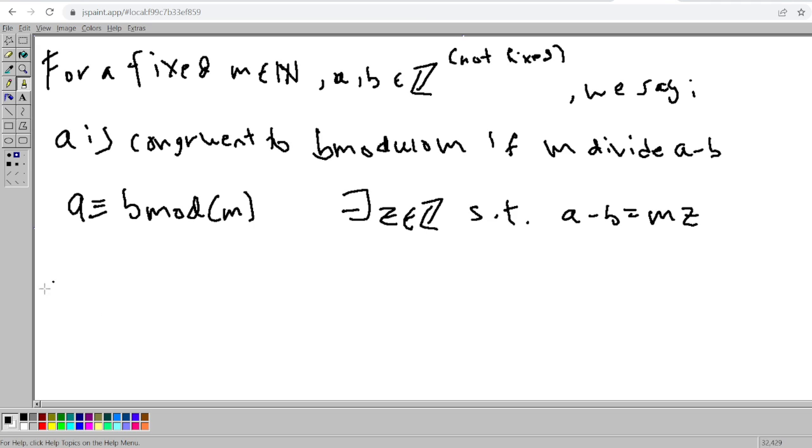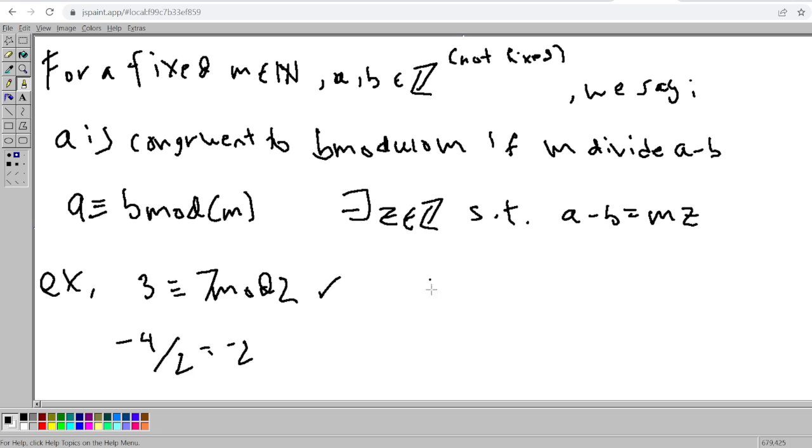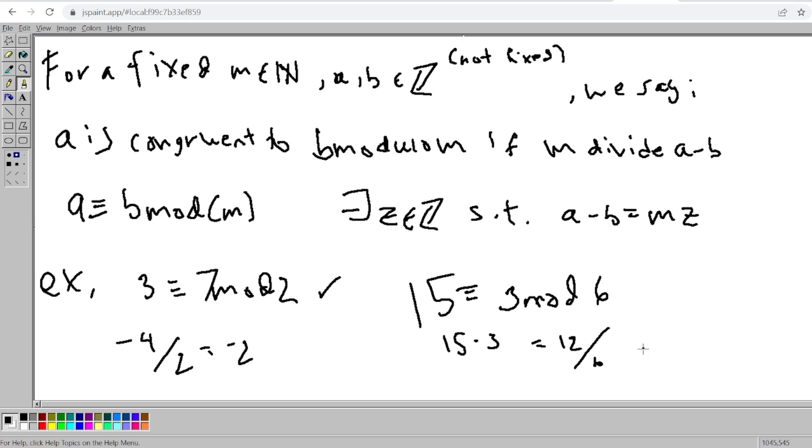And so we can do two examples. 3 is congruent to 7 mod 2. This is our a, this is our b. Negative 4 is in fact divisible by 2, which gives you negative 2. Therefore, it is congruent. And then how about 15 is congruent to 3 mod 6, because 15 minus 3 is 12, that's divisible by 6, which equals 2.